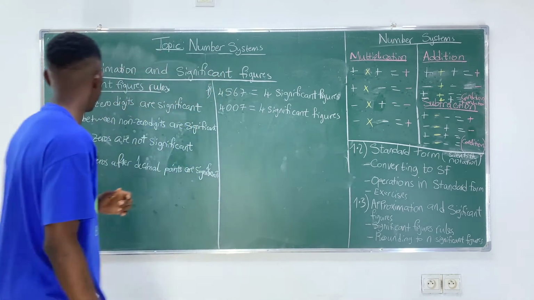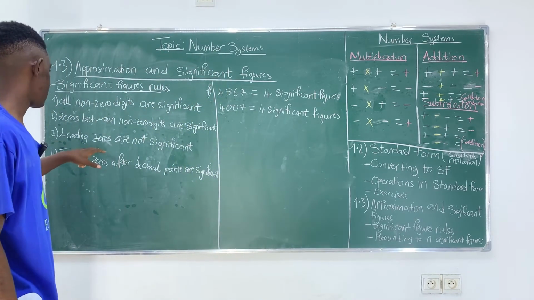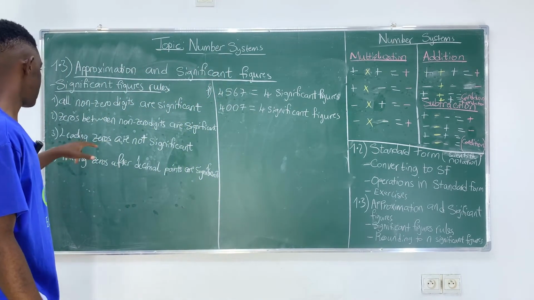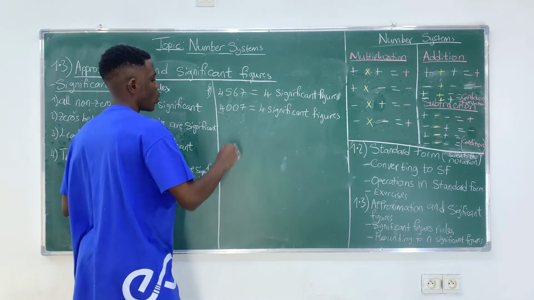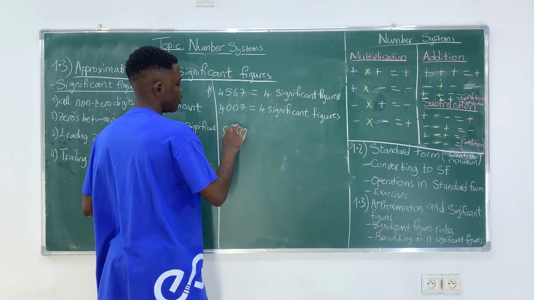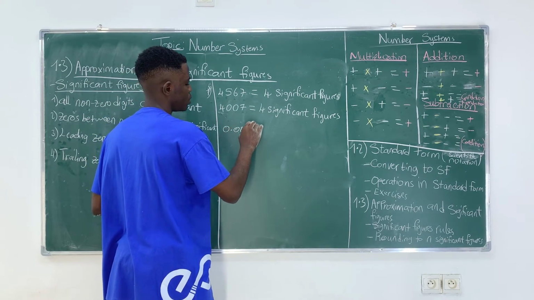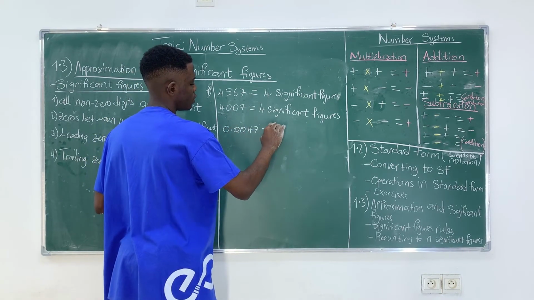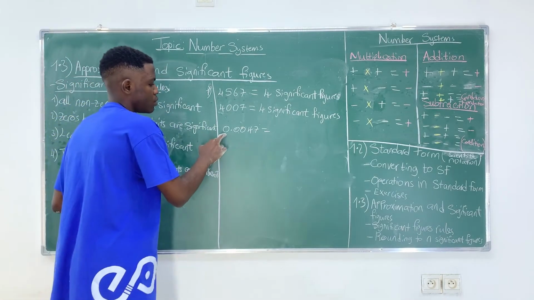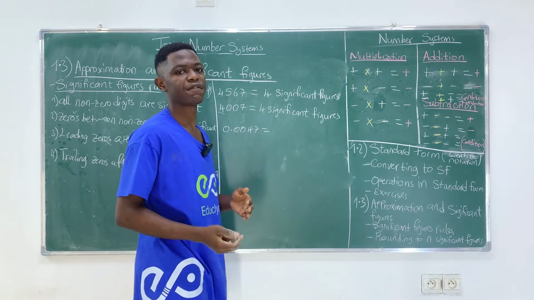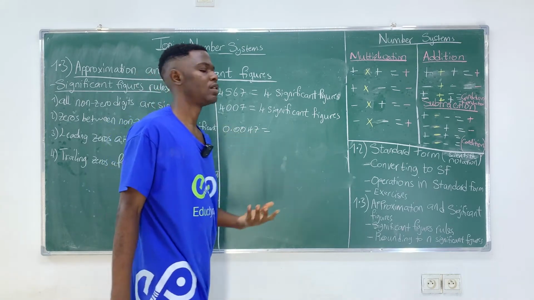So the next one says leading zeros are not significant. What are leading zeros? Example: 0, 0, 0, 4, 7. Leading zeros are these 0, 0, 0. Leading zeros means the first zeros, the zeros that start.